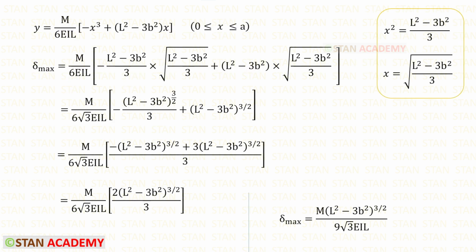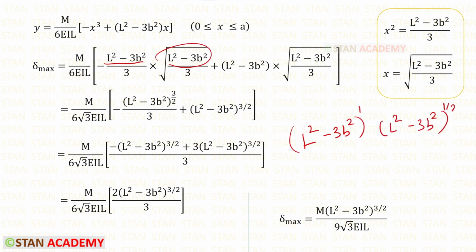Let us find the maximum deflection. We can write x cube as x square into x. We have x square and x. We can apply that. And here for x, we can apply this. Root 3 we can take outside. We can write this as (L square minus 3b square) the whole power 1, and we can write this (L square minus 3b square) power 1 upon 2.